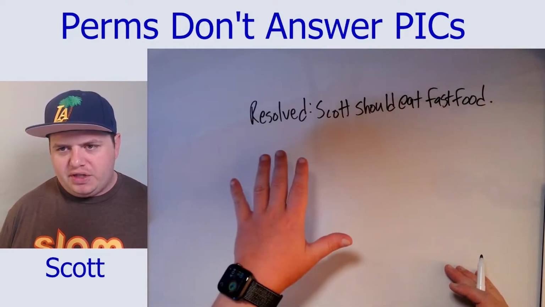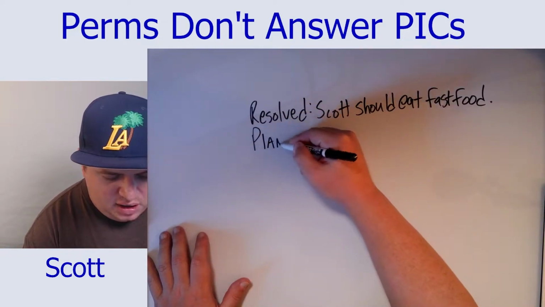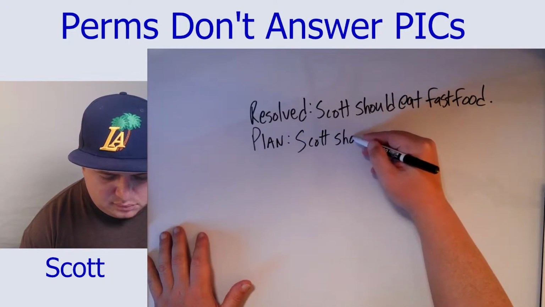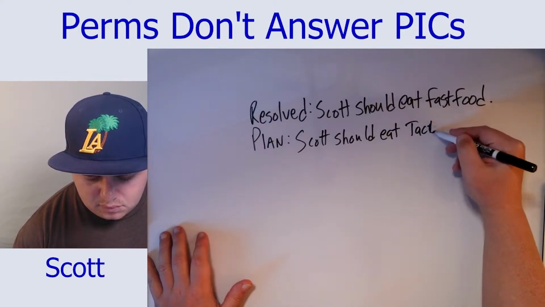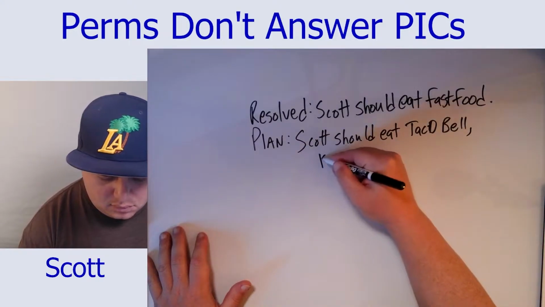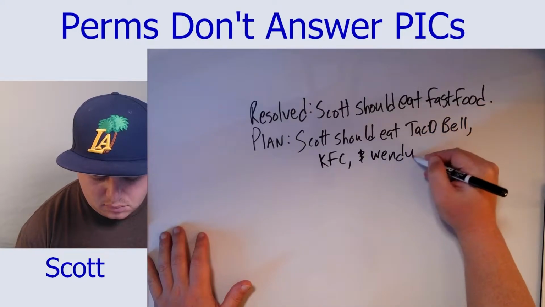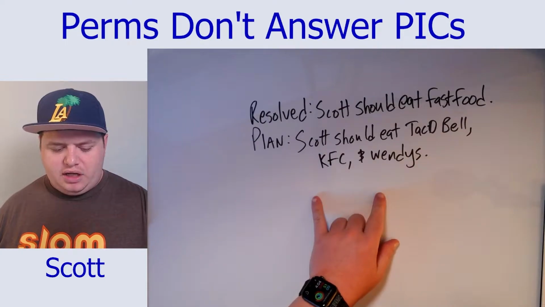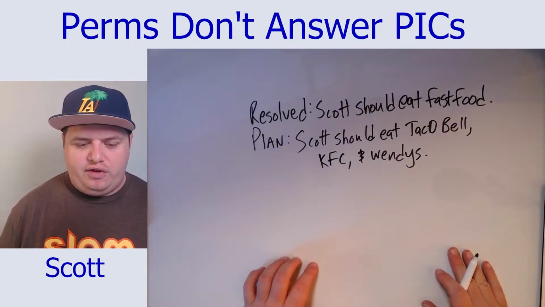So for the purposes of this example, I'm going to read a plan in the debate, and that plan is going to say Scott should eat Taco Bell, KFC, and Wendy's. All of these would be fast food underneath of this topic.